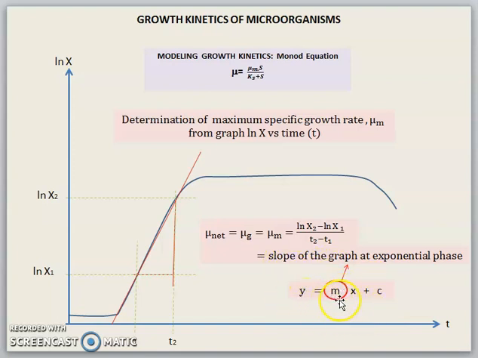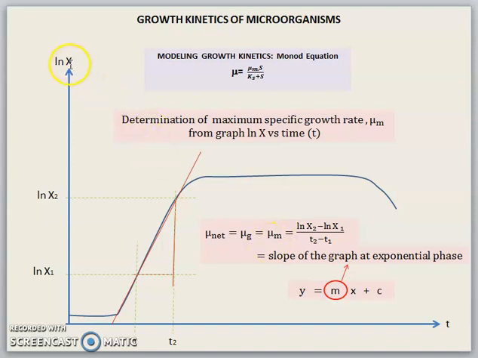From y equals mx plus c, the m value represents the value of mu max. However, you need to learn the x value first, plot the graph of ln x versus t, then this slope value will represent the mu max.